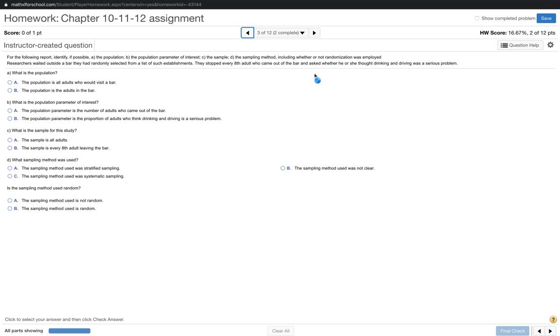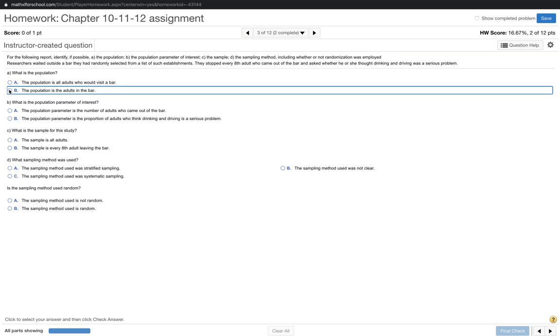Essentially, researchers waited outside a bar they had randomly selected from such a list of establishments, stopped every eighth adult, and asked whether they thought drinking and driving was a serious problem. So which one makes most sense? The population is all adults who would visit a bar. The population is the adults in the bar. That one makes more sense to me.